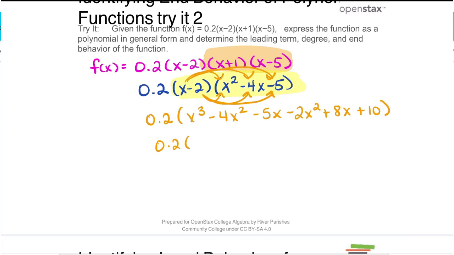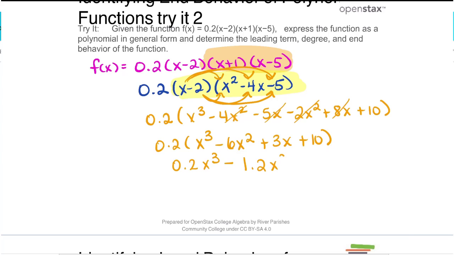On the inside, we can add like terms. So x to the third. Negative 4x squared minus 2x squared is negative 6x squared. Negative 5x plus 8x is positive 3x. And then bring down your 10. And then we're going to multiply everything times 0.2. So first we have 0.2 times x to the third. Then 0.2 times 6 is 1.2x squared.